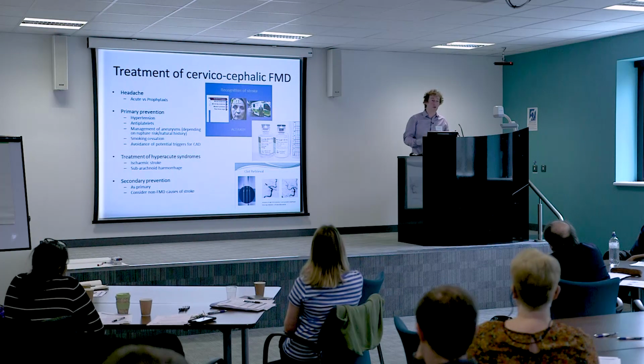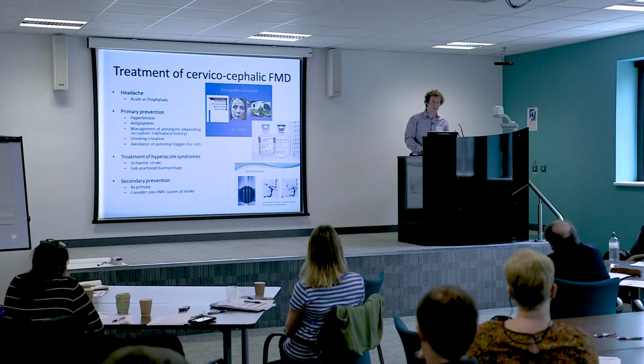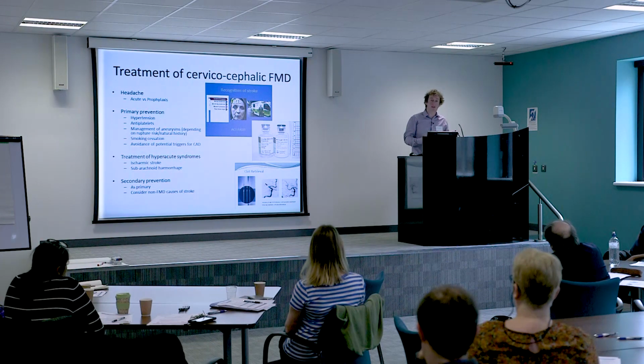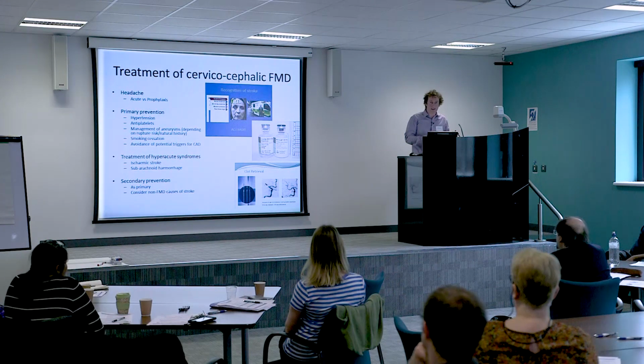Certainly patients who have had a stroke should then be treated with the relevant antithrombotic drug, whether that be antiplatelets such as aspirin or clopidogrel, or anticoagulants, drugs such as warfarin, which thin the blood in a different way. And there are different reasons for using that, one of which may be cervical artery dissection. So effectively, they're as effective as each other for most patients with cervical artery dissection.